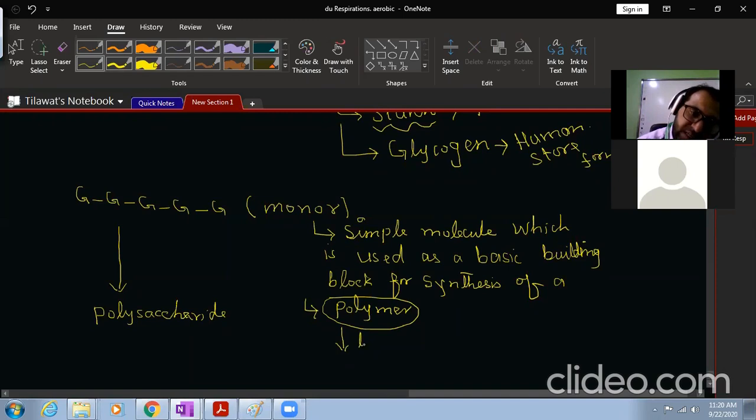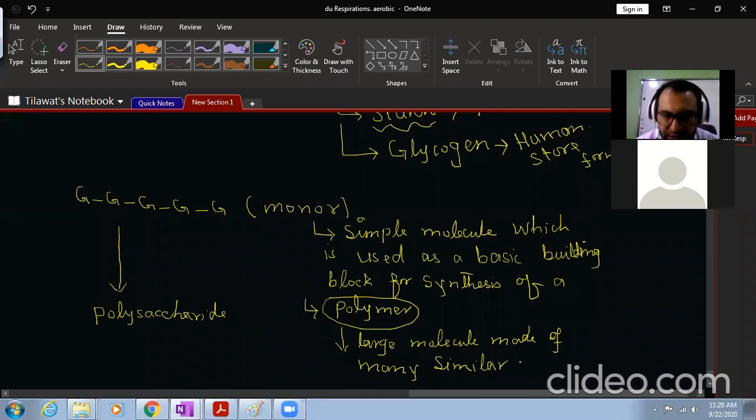A large molecule made of many similar repeating subunits.